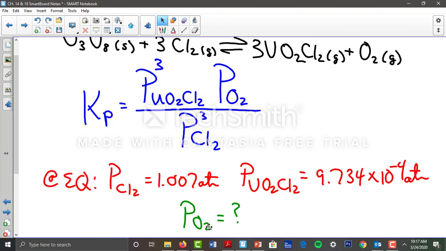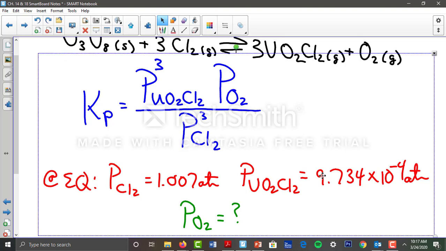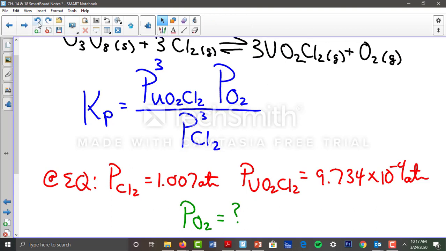So first, how would you figure out the pressure of O2? Well, if you take a look at the balanced equation, we see that the UO2Cl2 and the O2 always form in a 3-to-1 ratio. So if we know the pressure at equilibrium of UO2Cl2, we know that that's going to be 1/3 the pressure for oxygen.